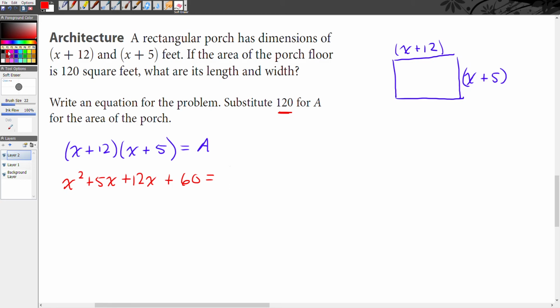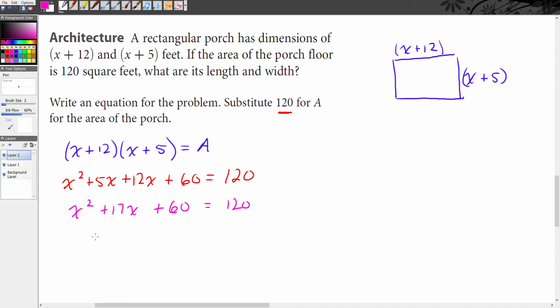Give me my pen. Here we go, sorry. There we go, 120. Again, I can do two things here. Number one, I could combine 5x and 12x, which I forgot to do. And I also need to set this equation equal to 0 so I can solve it. So if I combine like terms, I have here x squared, 5x plus 12x is plus 17x plus 60 equals 120.